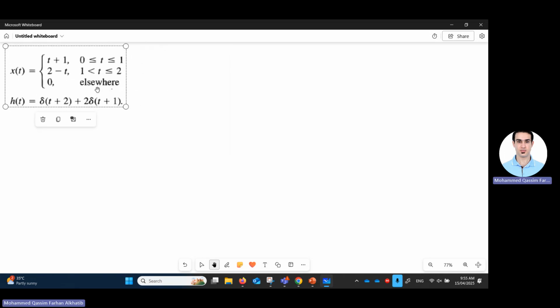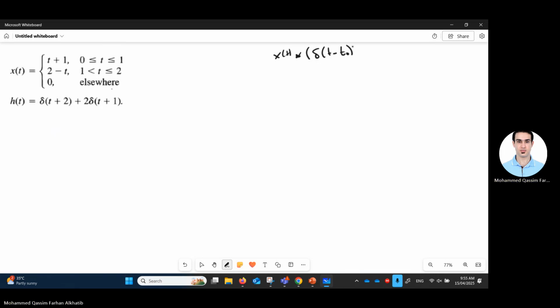Okay, so from the properties, we know that x of t convolved with delta of t minus t naught equals x of t minus t naught.